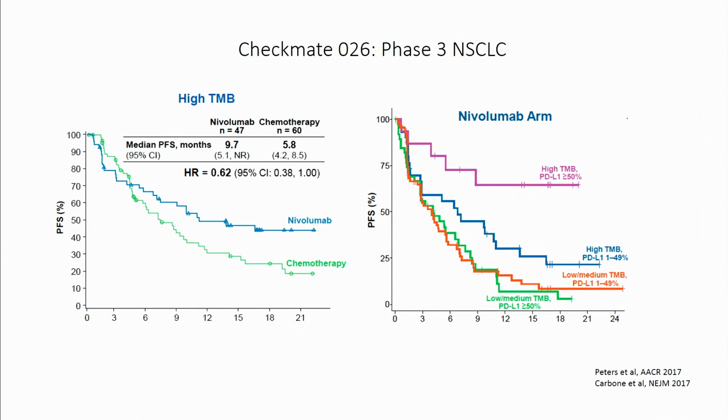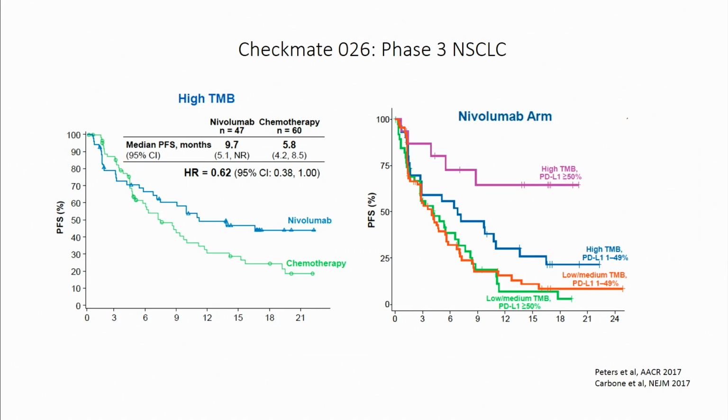So everyone's familiar with CheckMate 026, which was a phase 3 randomized trial comparing nivolumab with chemotherapy first line in lung cancer in patients who are PD-L1 more than 5%. This trial was a negative trial. And the investigators did go back and do a whole exome sequencing and looked at TMB.